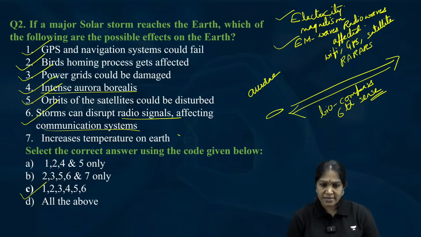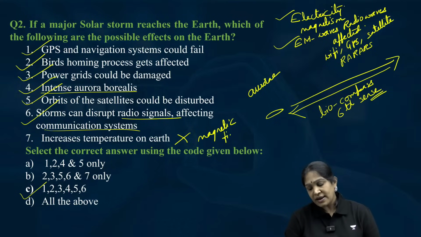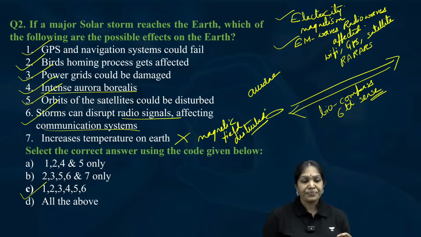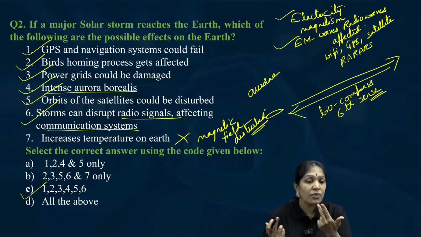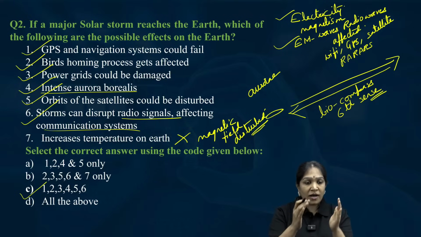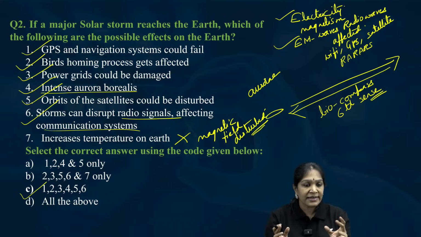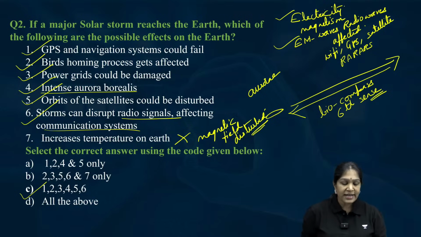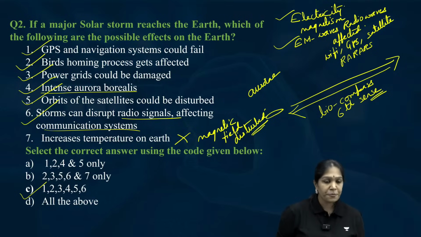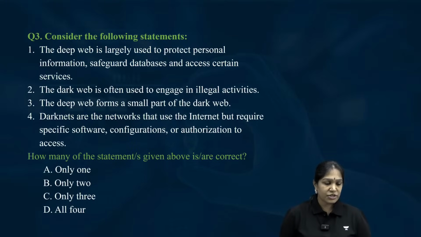No, because the effect is only that the magnetic field is disturbed. If the magnetic field is disturbed, how can it increase the temperature? So the right answer is 1, 2, 3, 4, 5, 6, Option C.